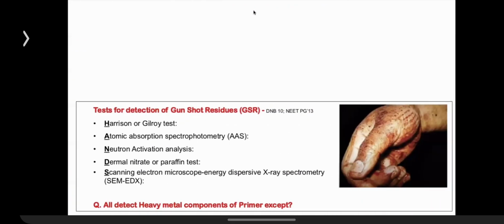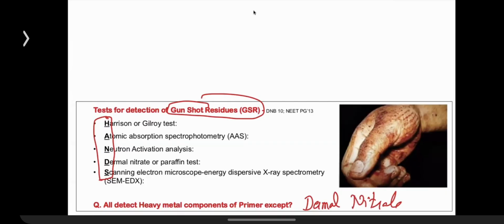Test to detect gunshot residue. Remember the mnemonic HANDS. These are used to detect gunshot residues. Please remember, all of them detect heavy metal components of primer. Basically, primer contains heavy metals. All of these tests help us detect the heavy metal components of primer, except the dermal nitrate test.